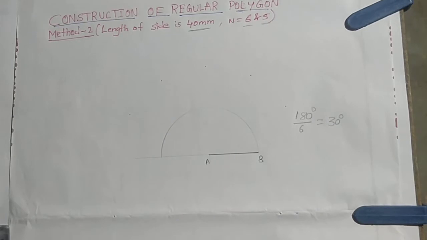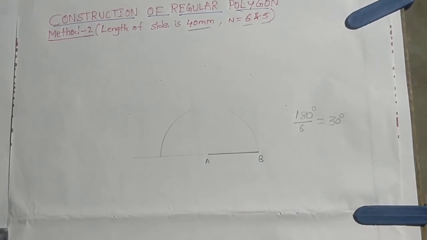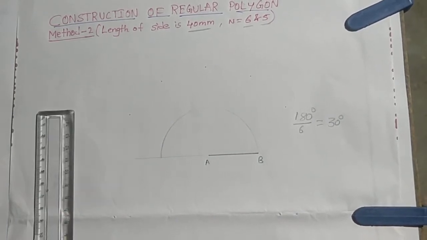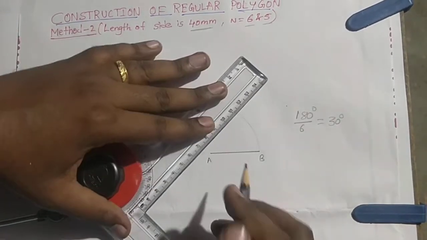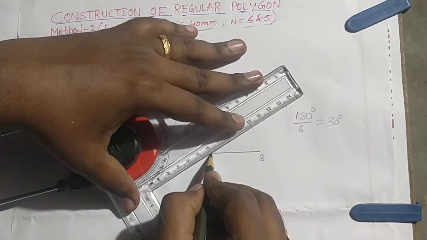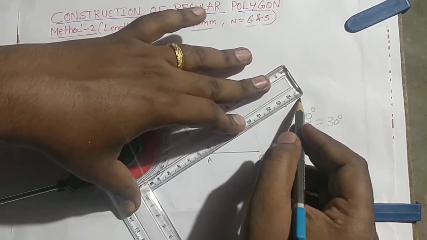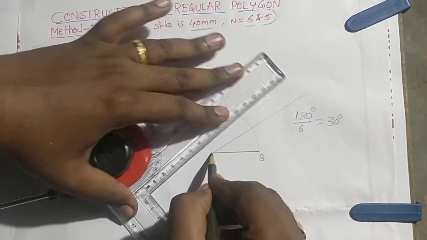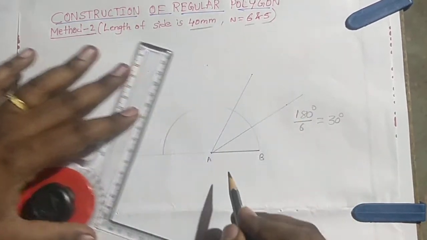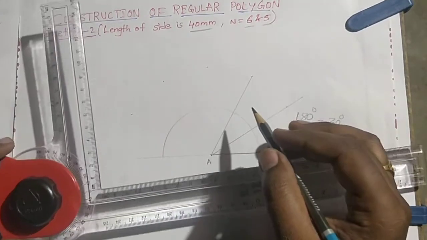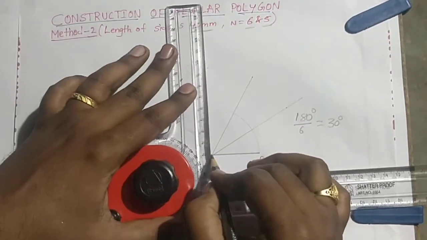Next, join all these division points with point A. We got the 6 equal parts. Up to now, it is the same procedure that we used in the previous case.